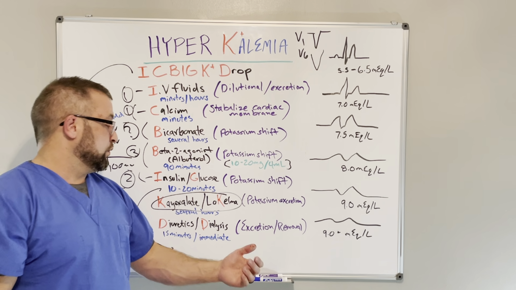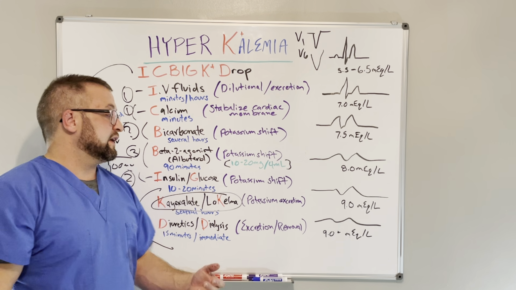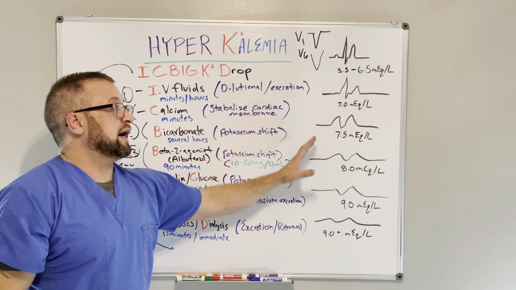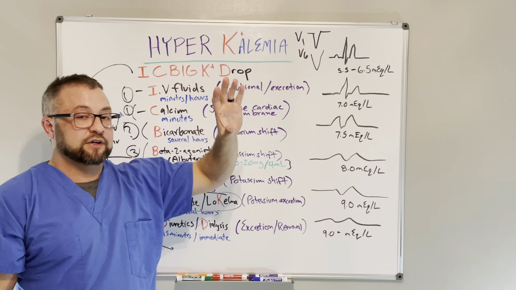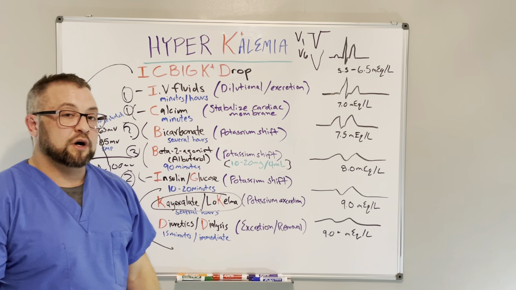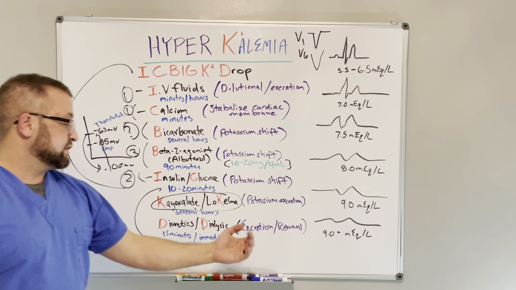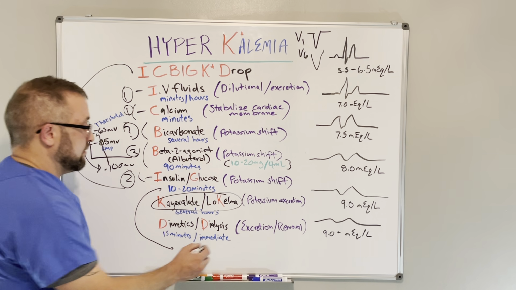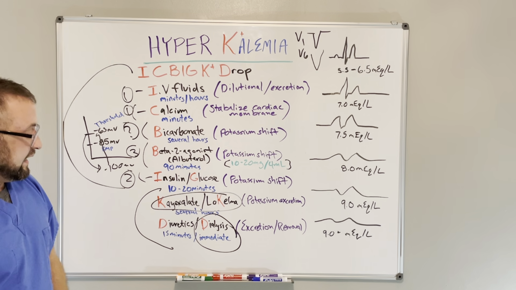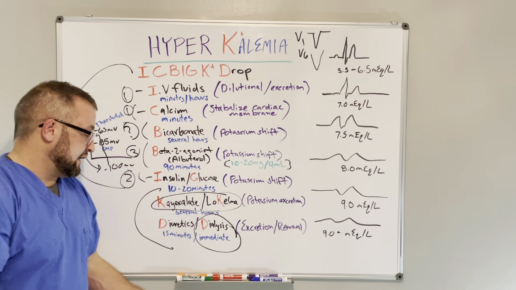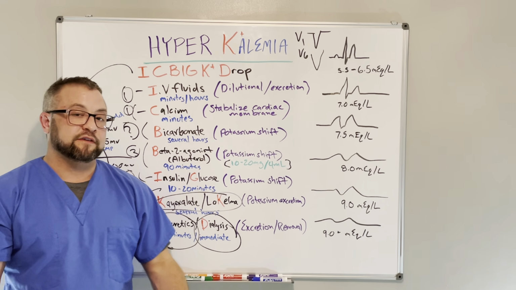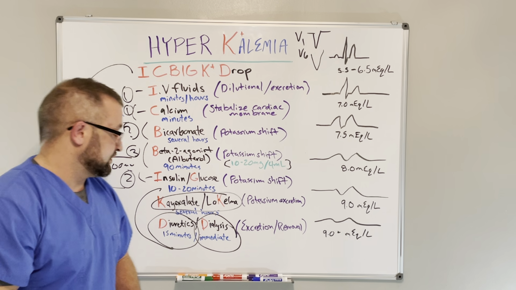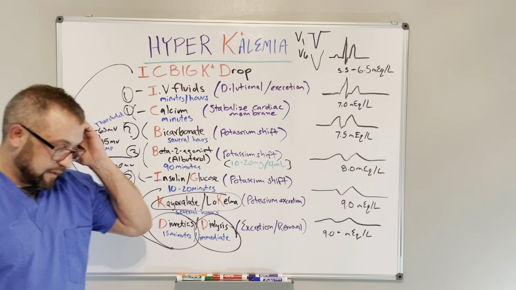If it looks like they're in fluid overload and they've missed a ton of dialysis and their potassium's super high, and we feel like we've shifted some and we're ridding some, but they're probably still in some trouble, we need to potentially get a hold of the dialysis team to get emergent dialysis. Now, if it were something, and we rarely ever do this, that it was a problem with excretion, we could give diuretics if their kidneys were still functioning okay, and that'll start working in about 15 minutes.